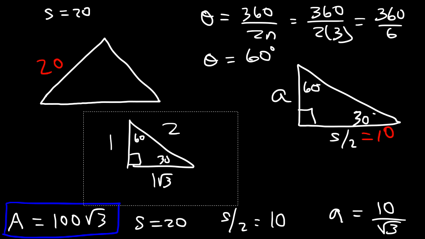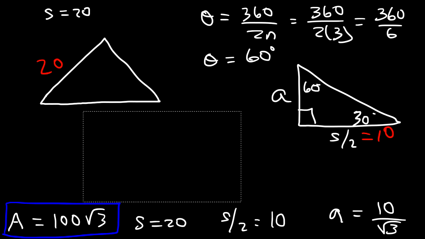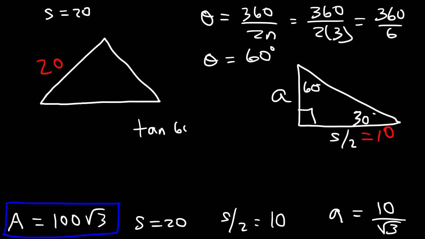Now, if you want to use trig to get that same answer, we could use the tangent ratio. Tangent of 60 is equal to the opposite side, that's opposite to 60, divided by the adjacent side, which is the apothem. Now, tan 60, if you type that in your calculator, you should get like 1.73, which is the square root of 3.